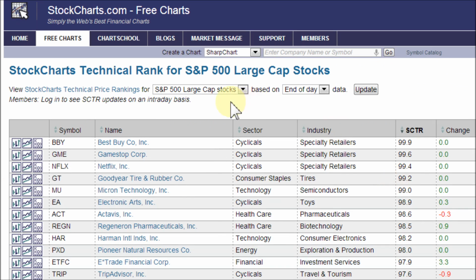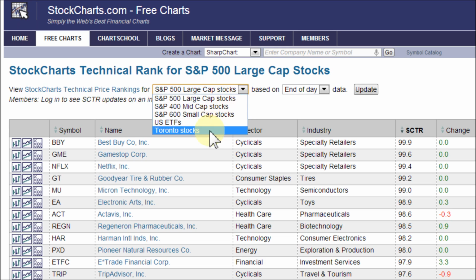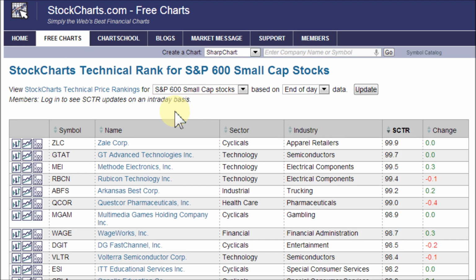That will take you to this page, where you have 5 choices in this drop-down box: the S&P 500 large cap stocks, the S&P 400 mid cap stocks, the S&P 600 small cap stocks, the US ETFs, and the Toronto stocks. So let's say you're interested in small cap stocks.